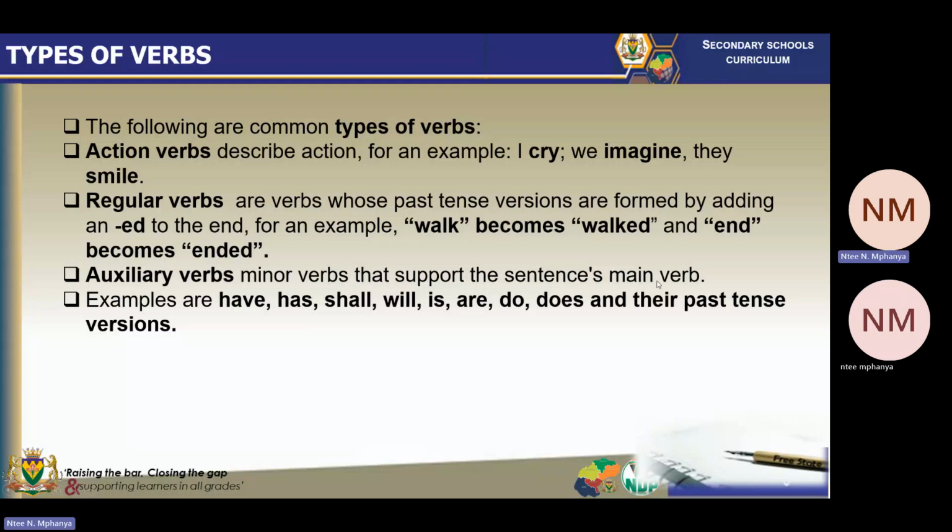Let us go to the types of adjectives and their examples. Adjectives are words that describe, give more information about, or modify a noun or another adjective. There are 2 ways in which you can use adjectives in a sentence. Firstly, there are adjectives that are usually placed before the nouns they describe.